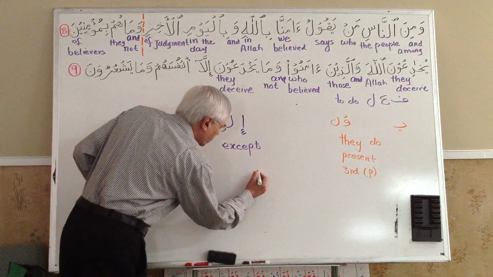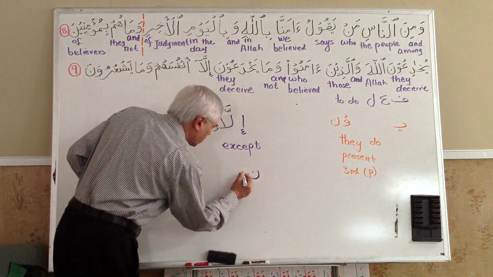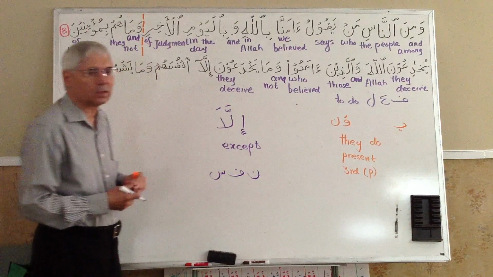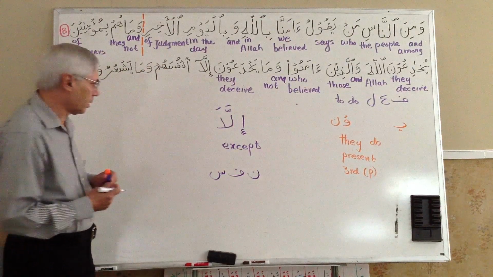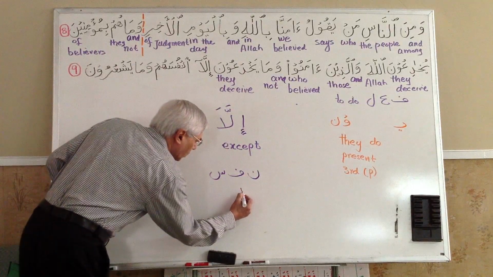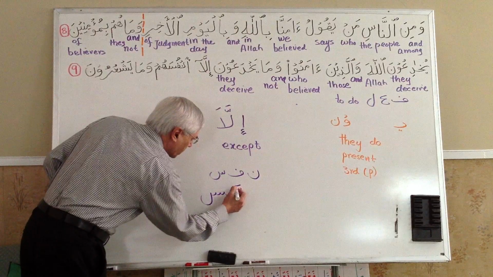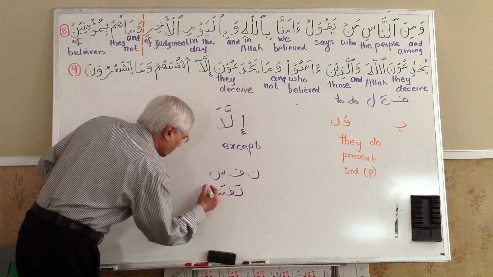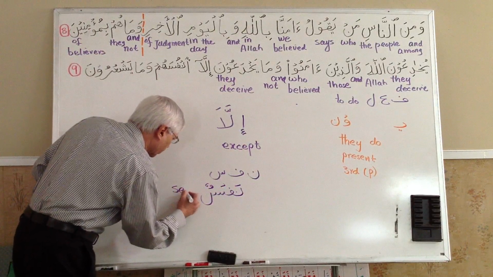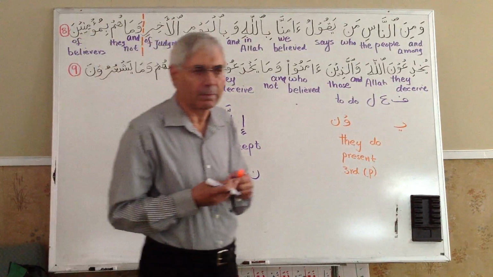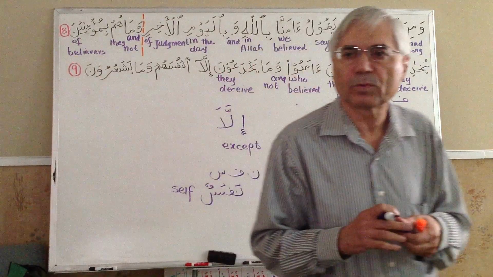Then the next word starts with these three letters, noon, fa and seen. And when we make the noun of this, it is nafsun. Nafsun means self. Like myself, yourself.